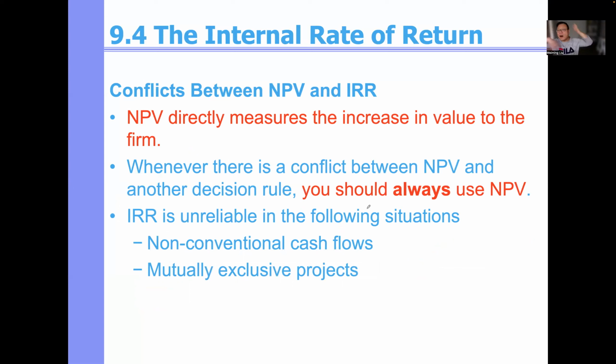If this conflict happens, remember you always use net present value, because internal rate of return can be unreliable in two situations, right? One is non-conventional cash flows. The second is mutually exclusive projects.